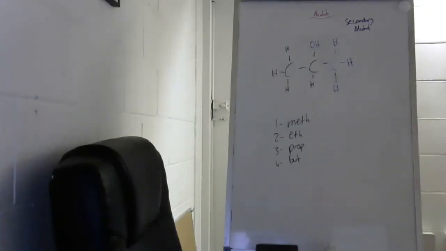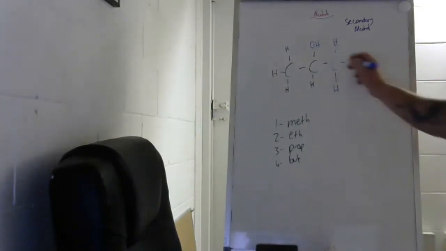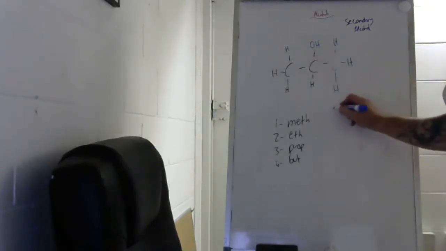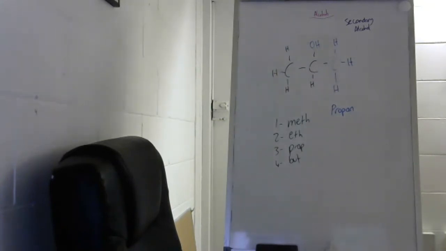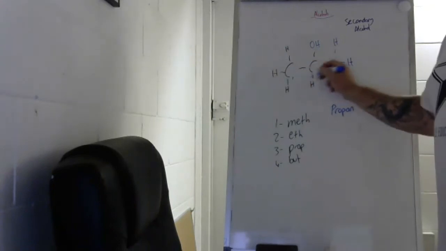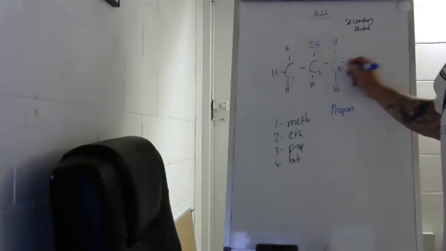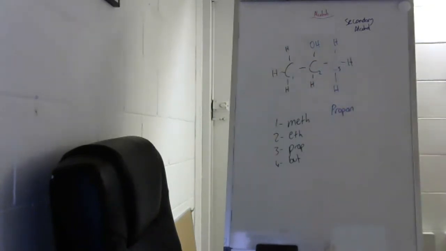We name the backbone first. Okay, cool, it's 3 carbons. So propane. Now we need to know which carbon this is coming off. In this case, it doesn't matter which way you go.